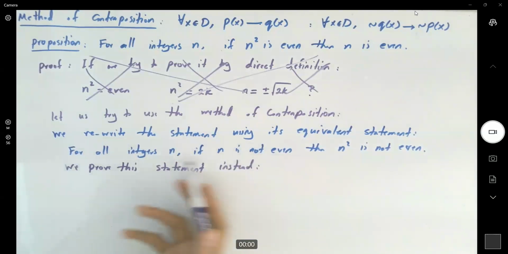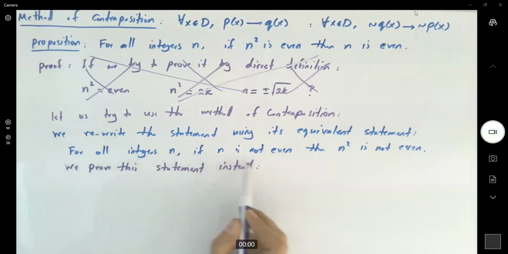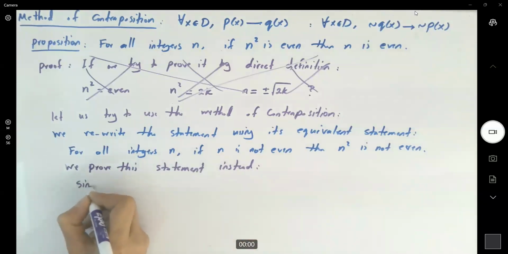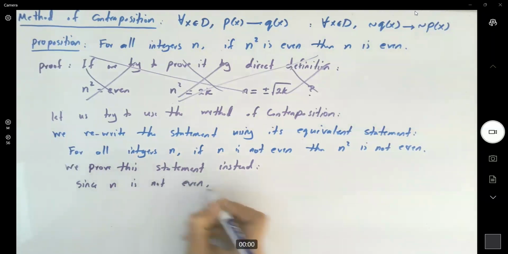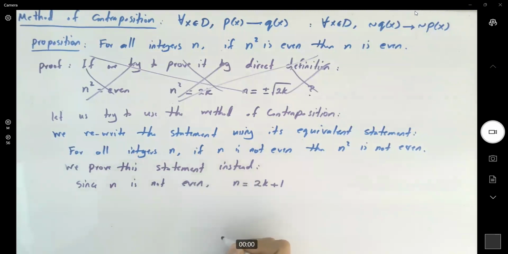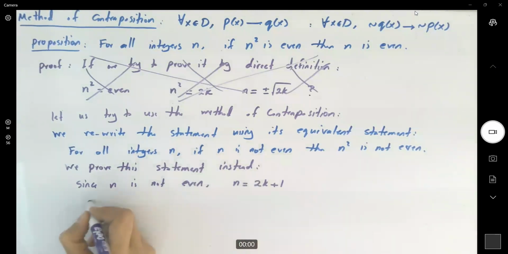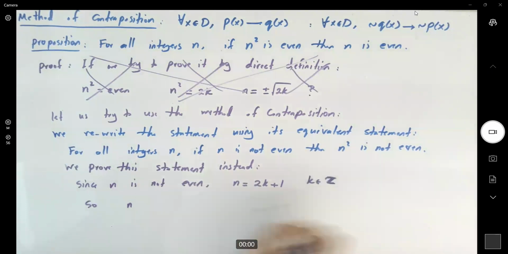Very good. The proof is not that hard. It says for all integers n, if n is not even, since n is not even, n can be written as 2k plus 1. Okay, n is odd, and k belongs to the integers.